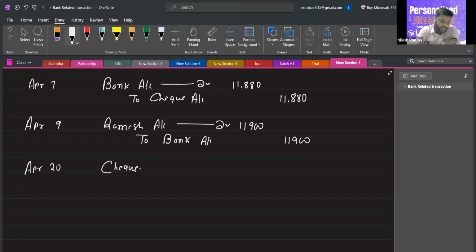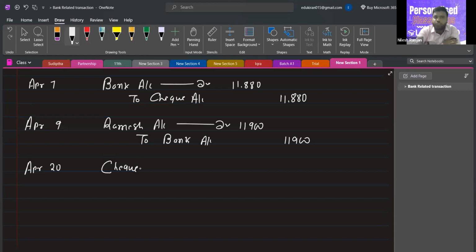When we are depositing this check, there is no information about depositing. In that case, we assume that the check is deposited on the same date, because there is no information about depositing.